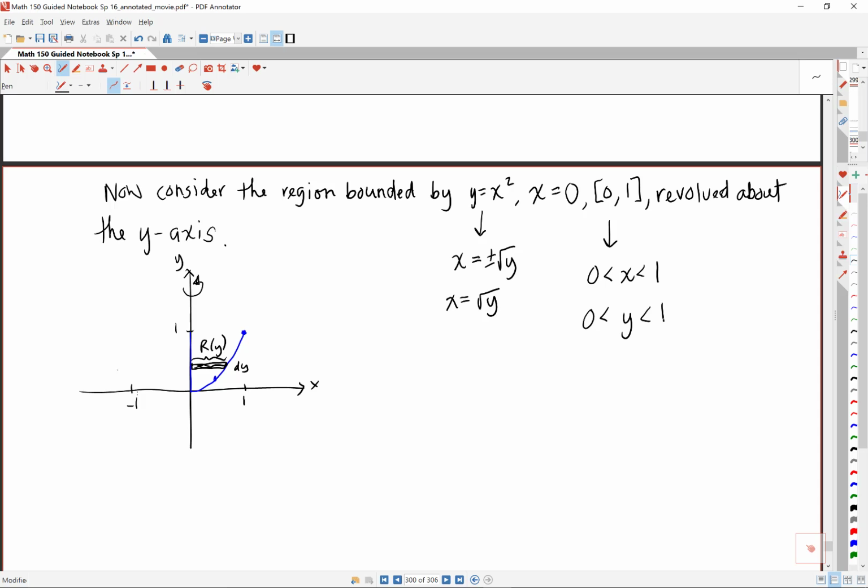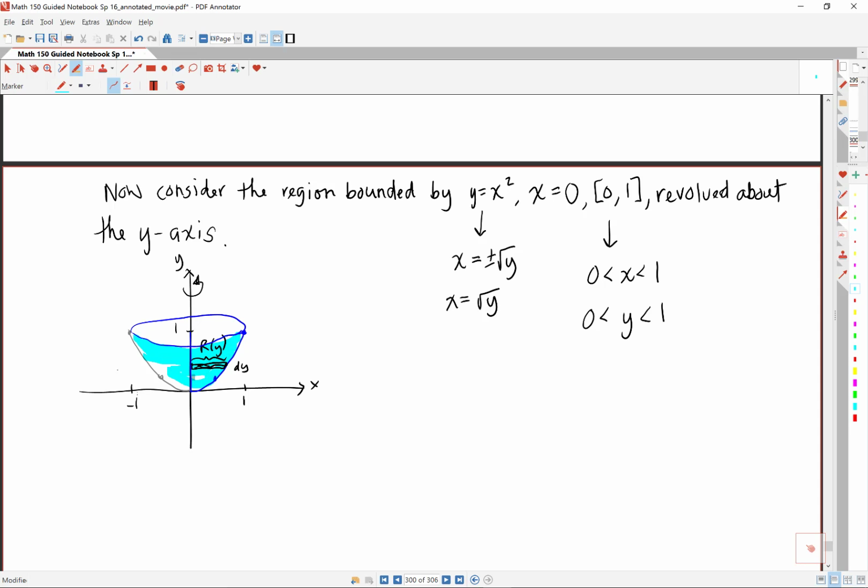Good. So we will end up having a region that looks somewhat like this. You end up getting something that's going to look more like a bowl. But actually it's all filled in, there's no hole in it.